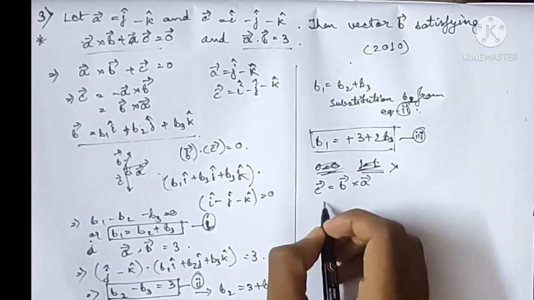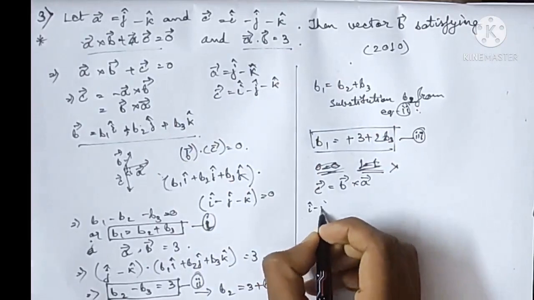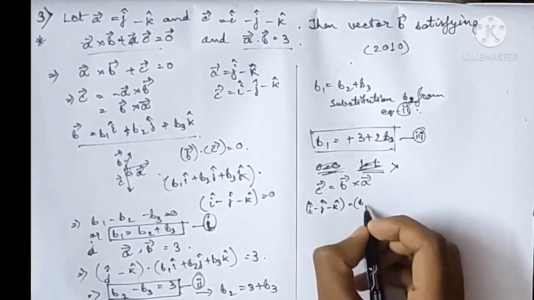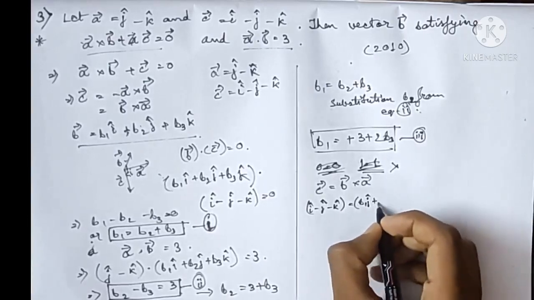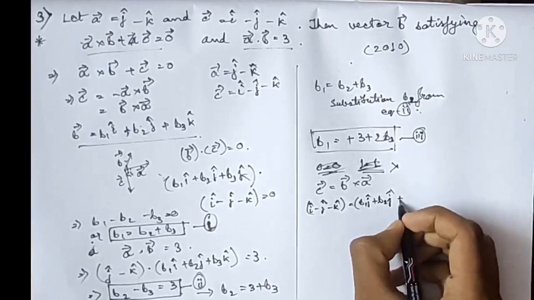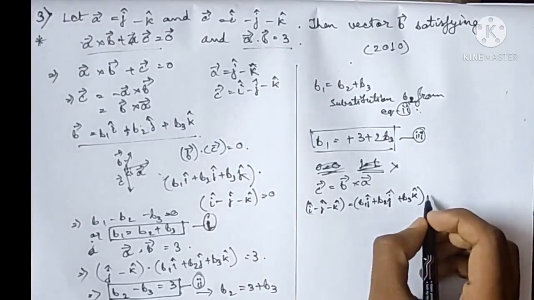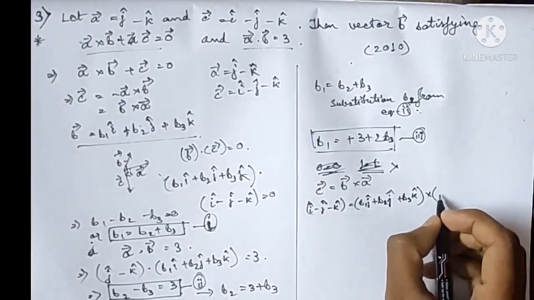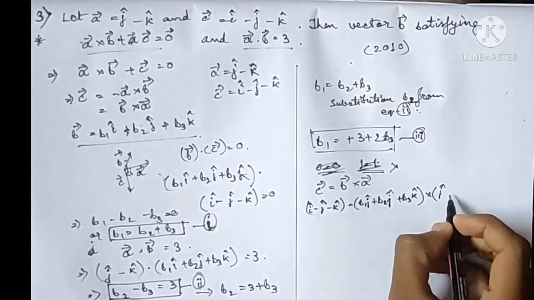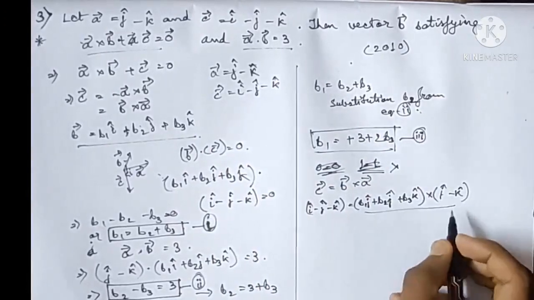So see, if we use this once again, then what we get, C is i minus j minus k, that is equal to B, that is b1 i cap plus b2 j cap plus b3 k cap, in a cross product with A, this is A, j minus k. Okay, j minus k. Now we'll solve this cross product.